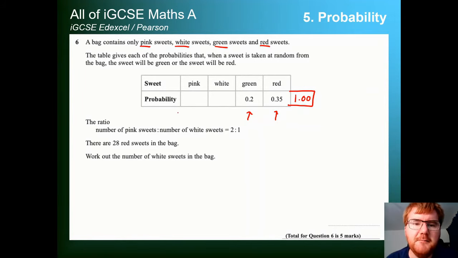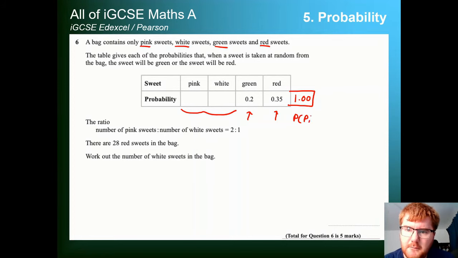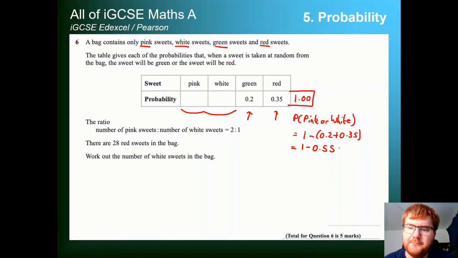So the first thing I'm going to do is work out the combined probability of pink or white, which is equal to 1 minus the probabilities that we know. So 0.2 plus 0.35 is 0.55. And then 1 minus 0.55 is equal to 0.45. So we know that pink and white must add up to 0.45.